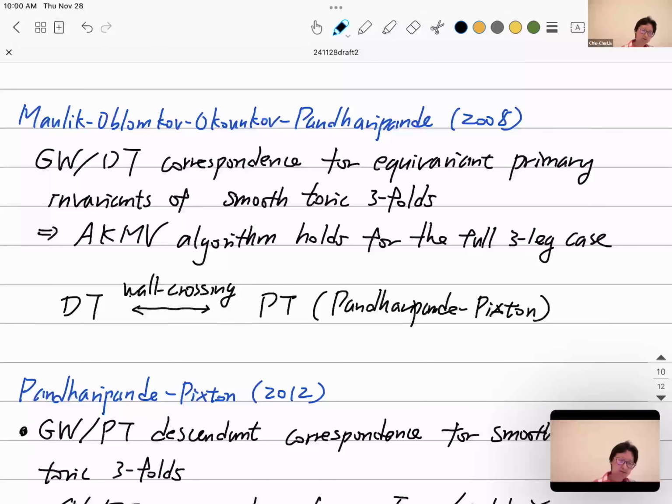This shows that the algorithm of topological vertex proposed by Aganagic, Klemm, Marino and Vafa holds in general. And this will imply W is equal to W tilde, which holds in general.